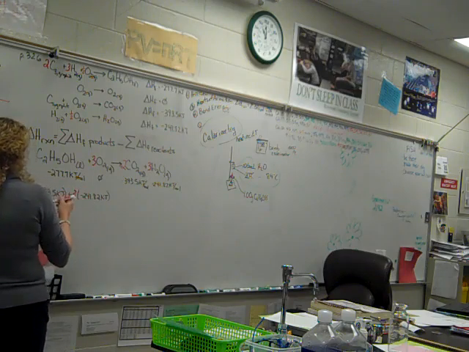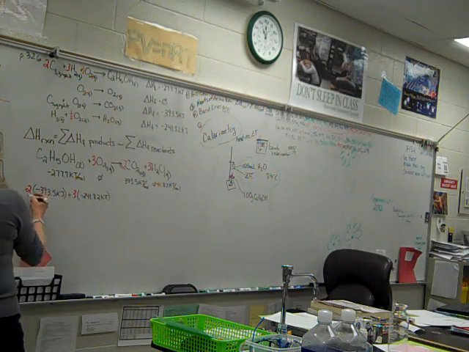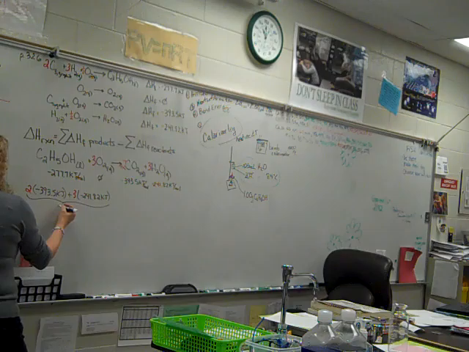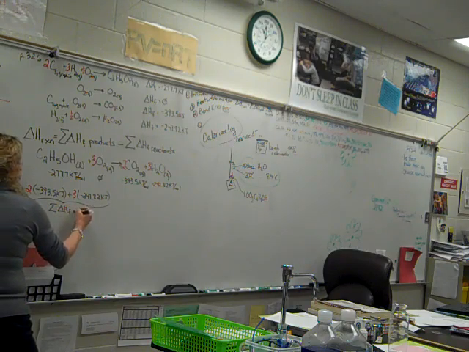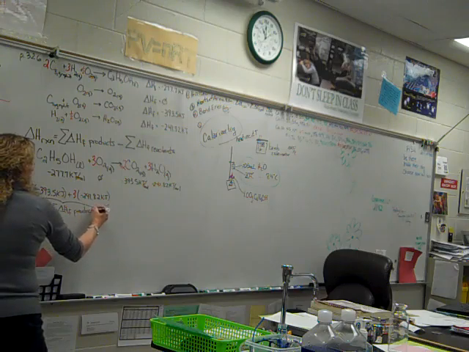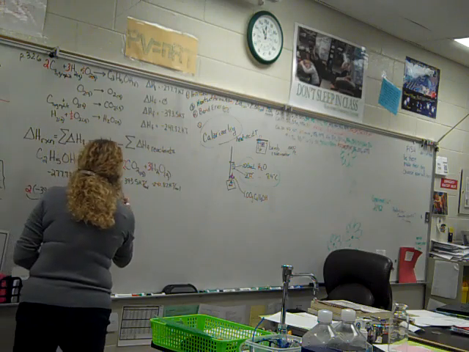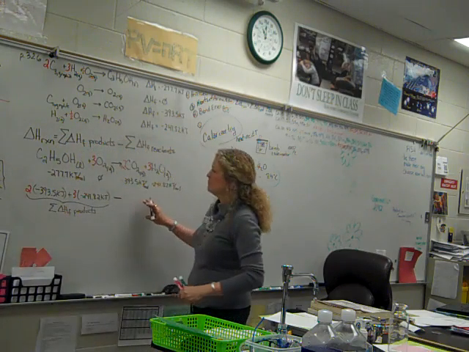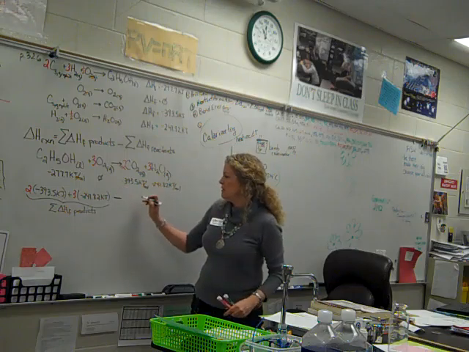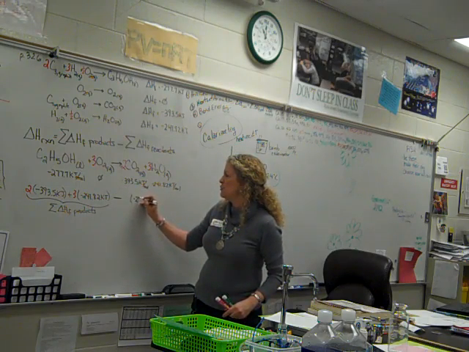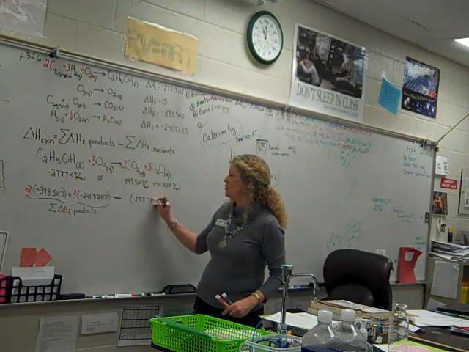3. So what you've just done here is the sum of the heats of formation of your products. We've done the first part of our formula. Now we're going to subtract from that our reactants. Our first one is our ethanol, negative 277.7 kilojoules.